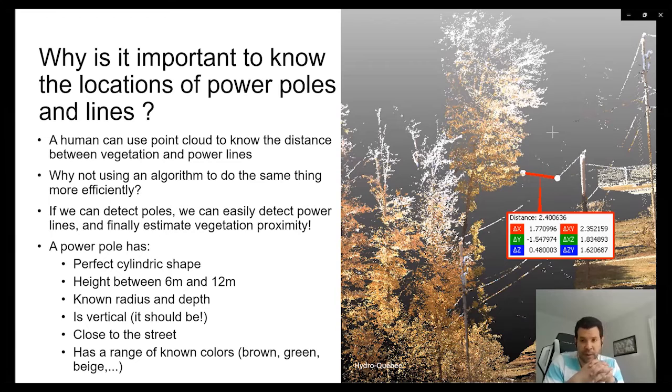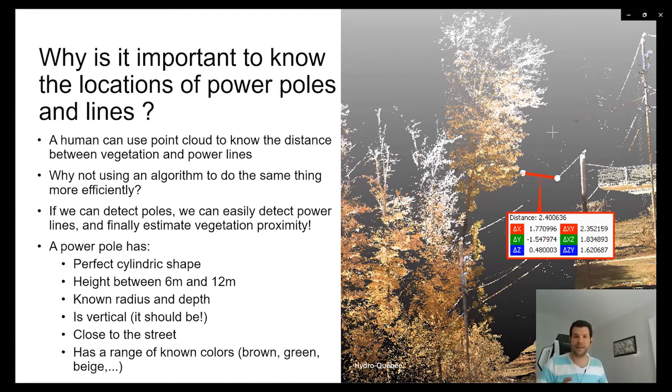And what is novel? The novelty of our algorithm is that we start by detecting poles. We believe that detecting poles is, first of all, an easy task because poles have, as I said before, a specific shape, cylindrical, specific height, color, radius, and so on. So we start by detecting poles, and after that we connect close poles together, and we believe that between those poles there should be a power line.